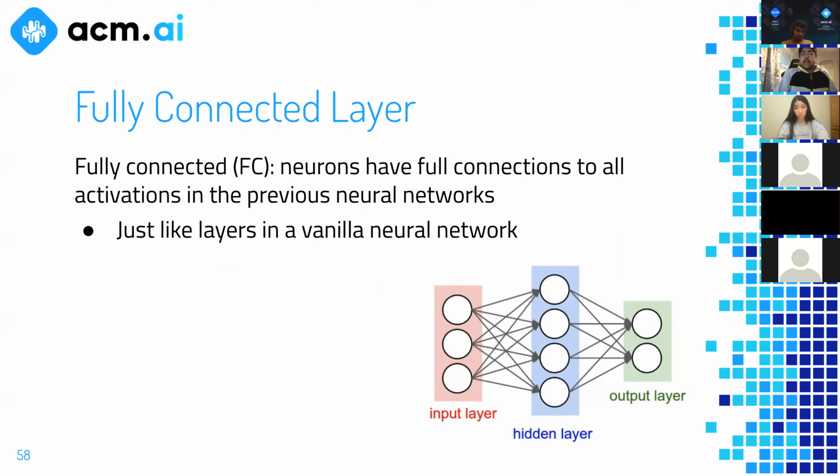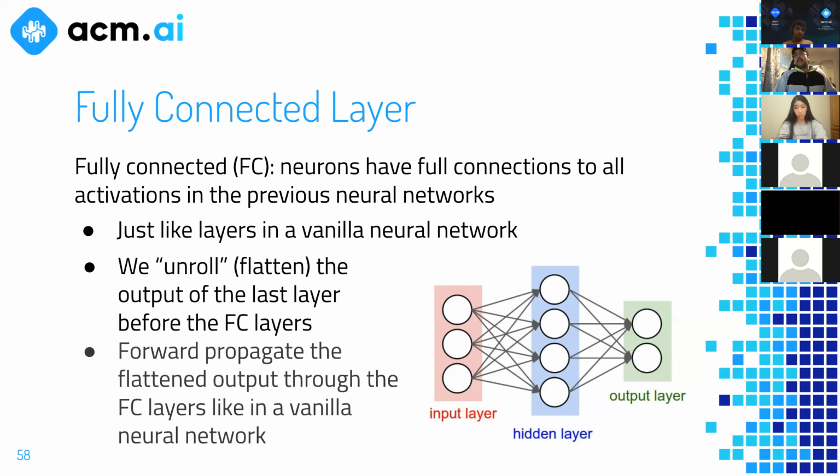And they forward propagate the flattened output through the FC layers, just like we had in our vanilla neural network. So just a review, but a CNN is also a neural network and it shares something with other neural networks as well.